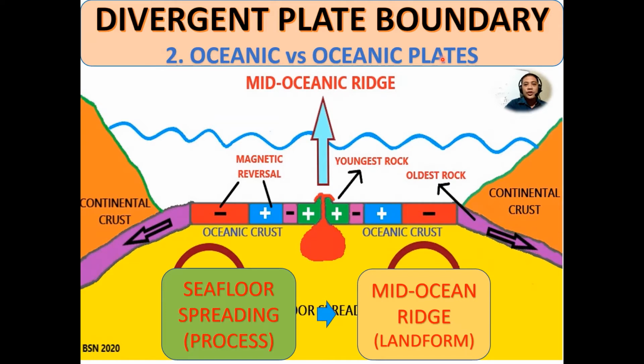The youngest oceanic crust rock is found at the ridge, while rocks farther away from the ridge have older age.